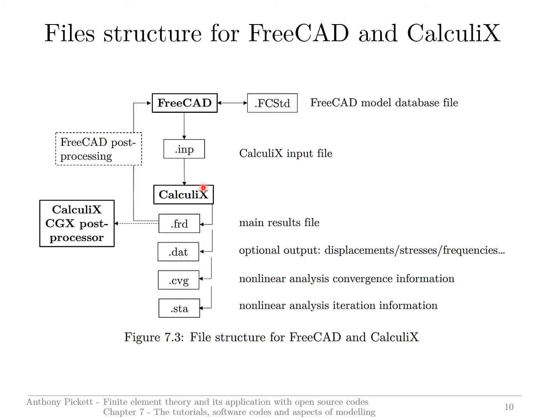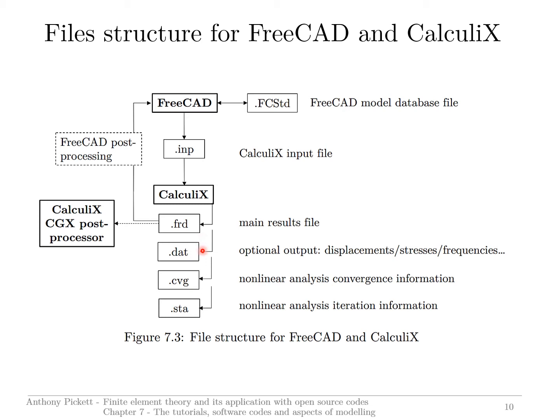A successful analysis will then produce these files here, depending upon the type of analysis that's undertaken. This is the main file, which will store, for example, in a mechanical analysis, all the deformations, stresses and strains and so on. But there can be additional files written.